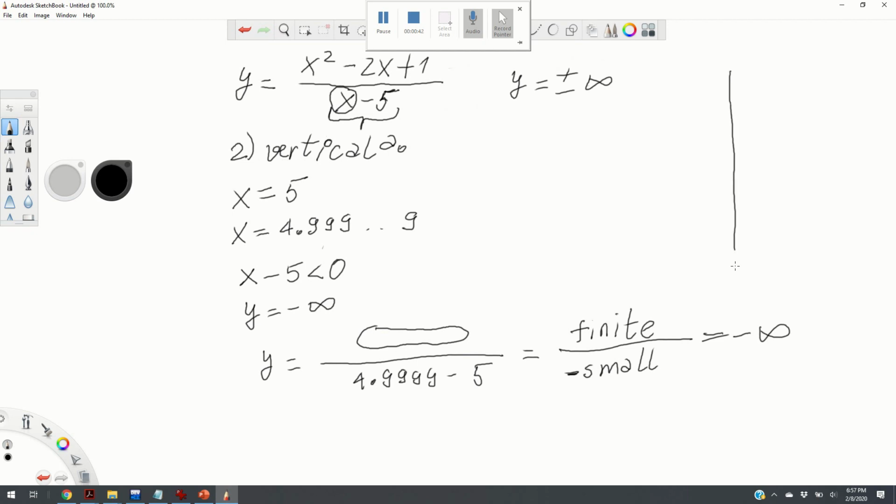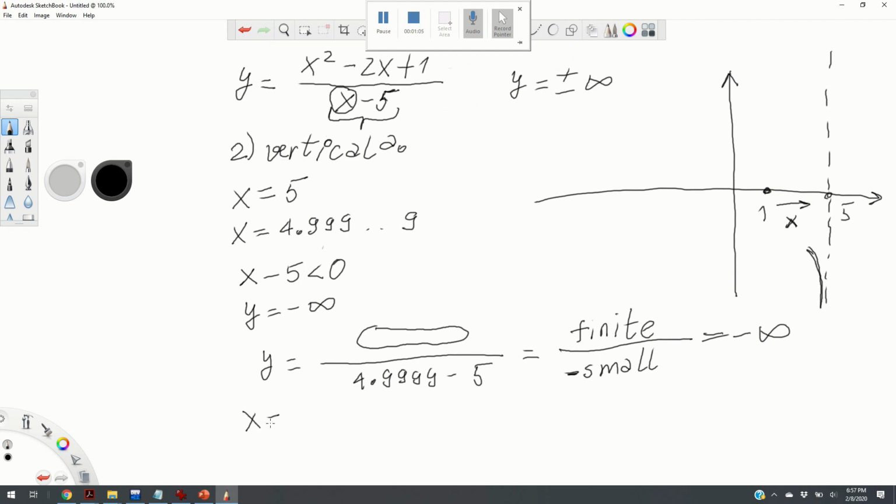So we know two things. We learned that at 1, the function will be equal to 0, and when x tends to 5 from the left side, the function will go to minus infinity.